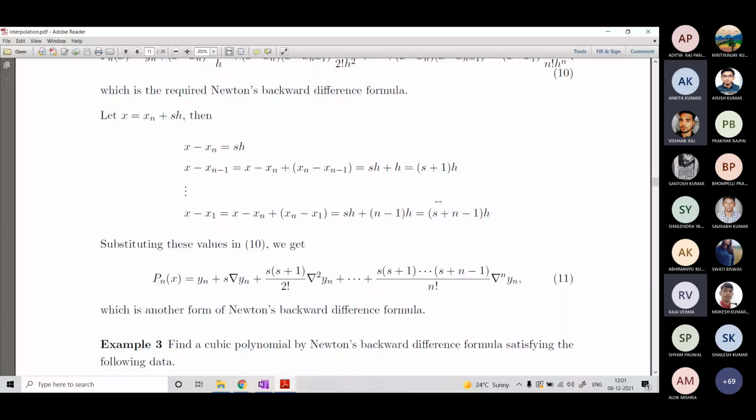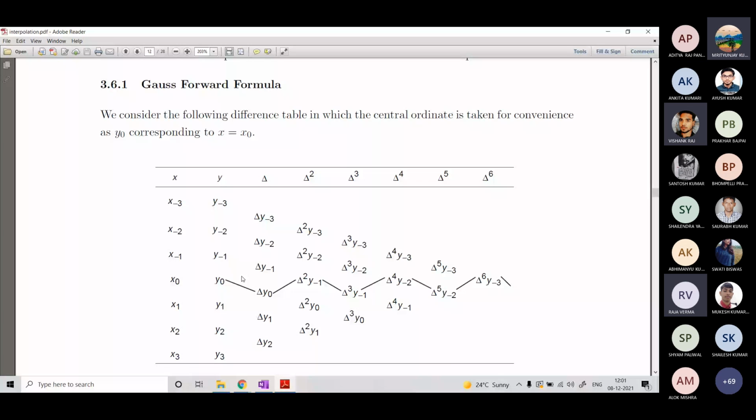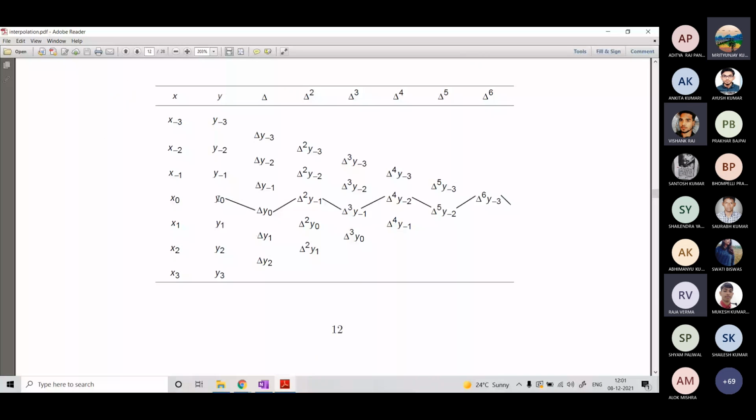So let me show you. You see Gauss forward formula. So this is how the forward difference table is created, and the forward line is shown here in the diagram, in the table. Okay. Now what will be the output values? So what will be the polynomial?